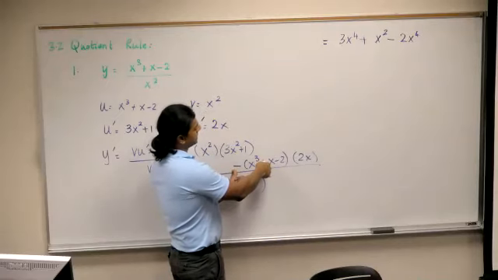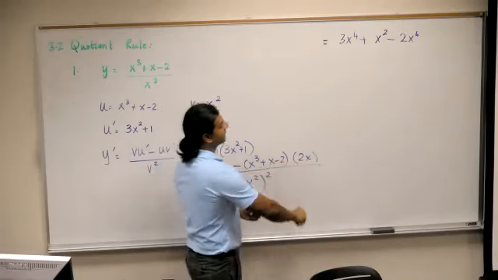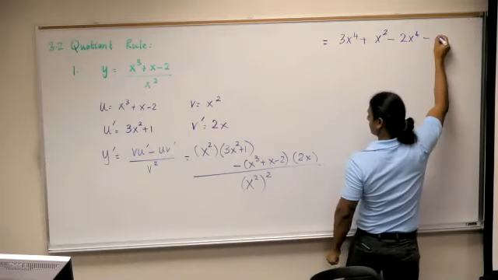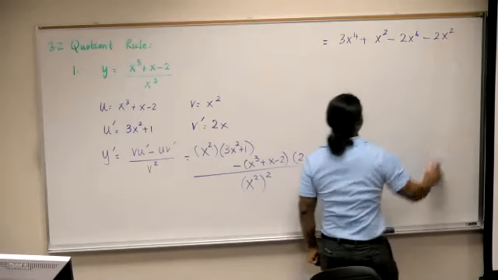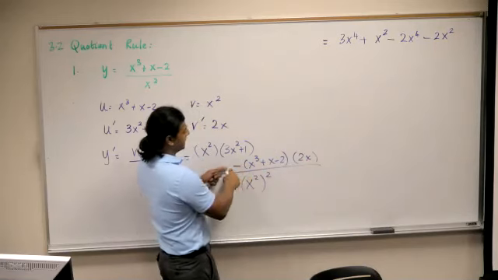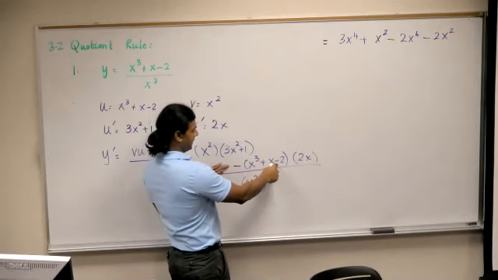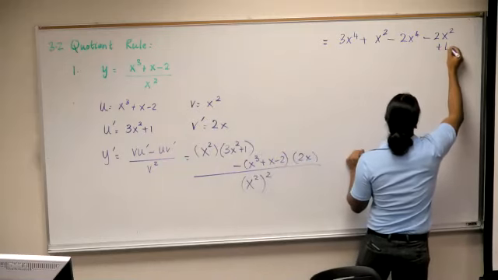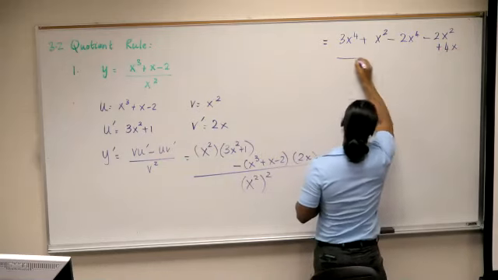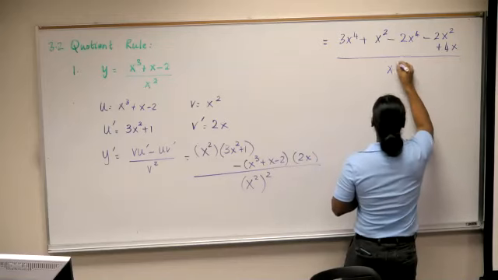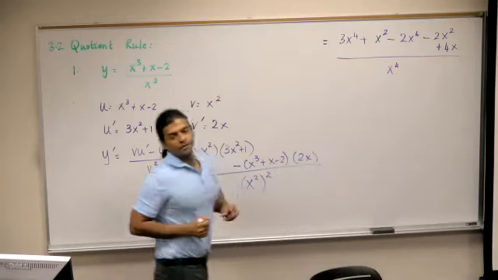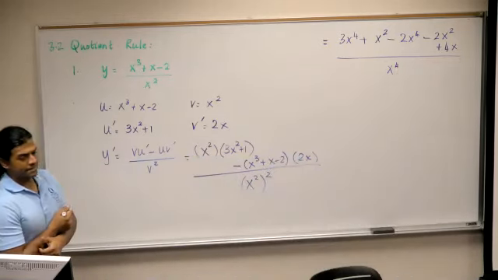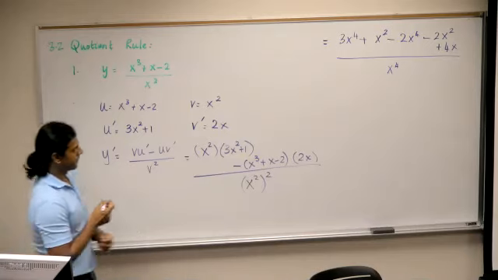Negative 1 times x times 2x is negative 2x squared. Negative times negative is positive, 2 times 2x, 4x. Divide the entire thing by x raised to 4.